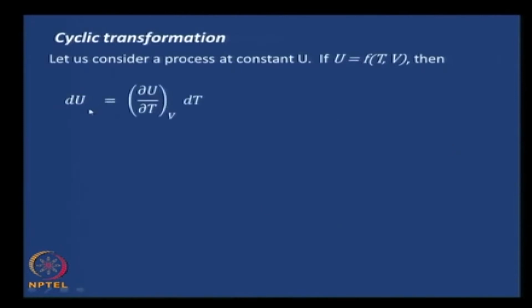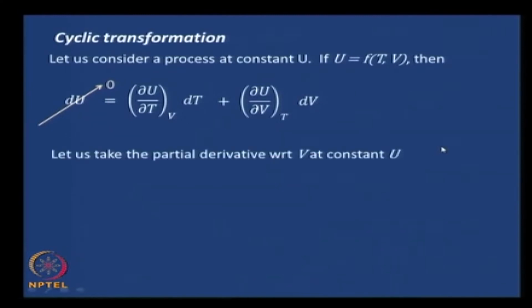The total differential du is dou u dou t at constant v dt plus dou u dou v at constant t dv. Note that this is a process at constant u, and therefore, the total differential is going to go to 0.